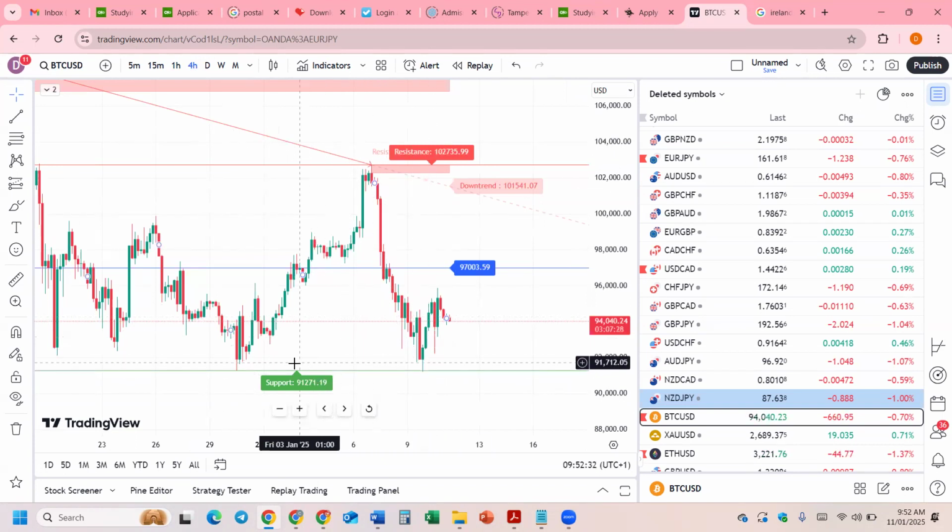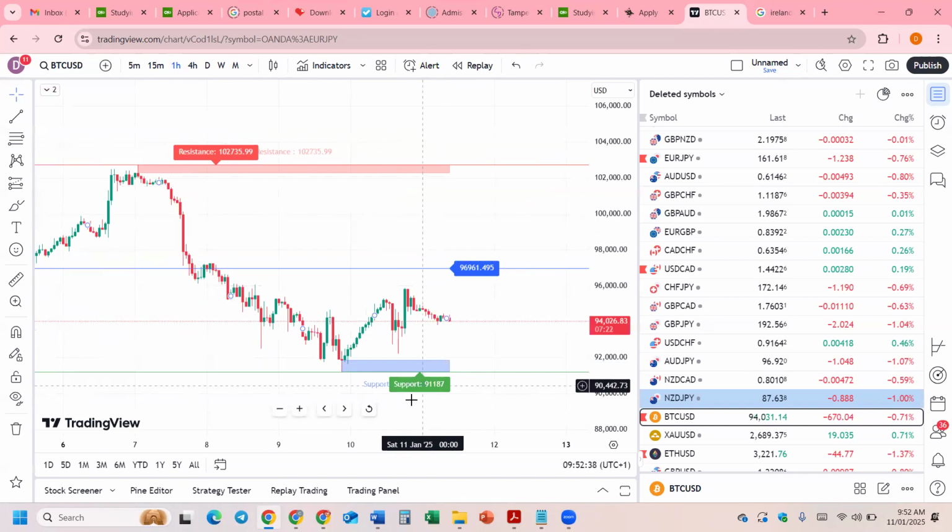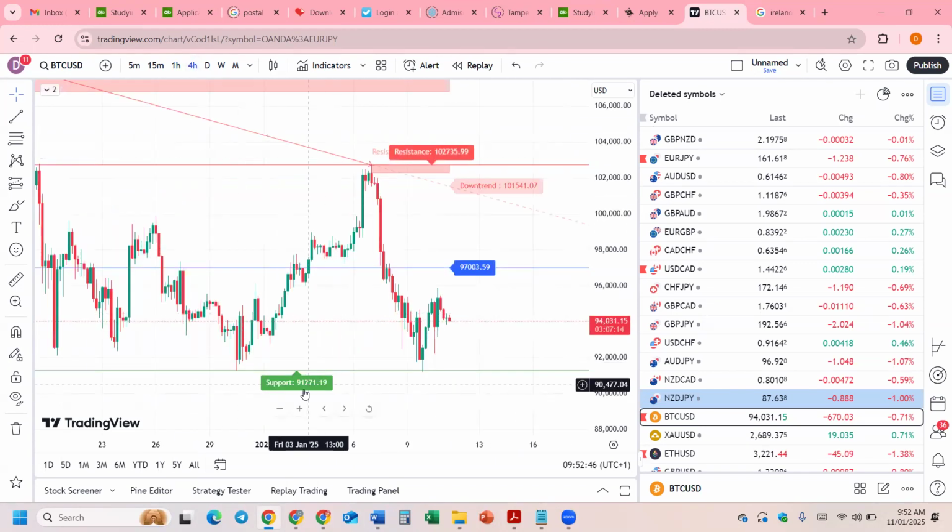My script says that it is at 91271.19. You can see that the support did not align. This is 91187. So you can see that the support did not align with the 4 hour time frame, so I'm not trading these pullbacks.